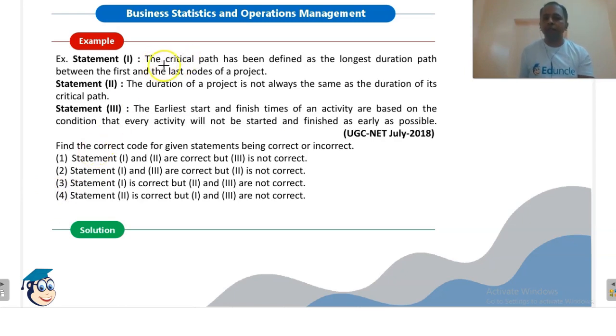Again, we have given 3 statements. This question is from the July 18 examination. The critical path has been defined as the longest duration path between the first and the last node of a project. Yes, this is true. Critical path is the longest path among all the possible paths.